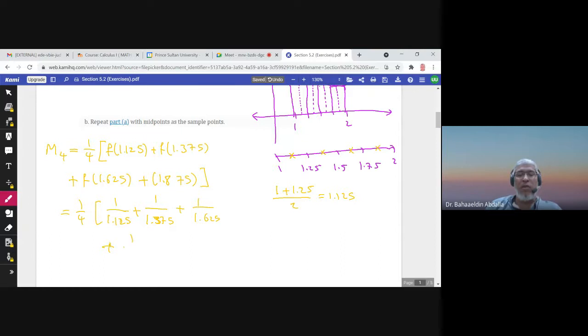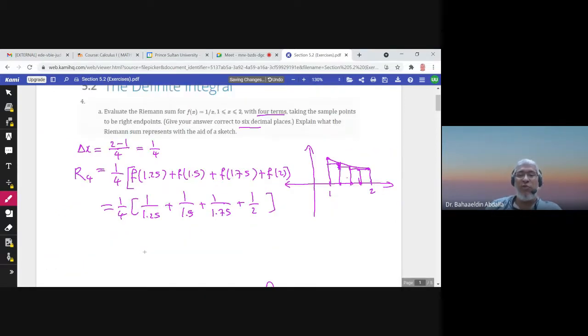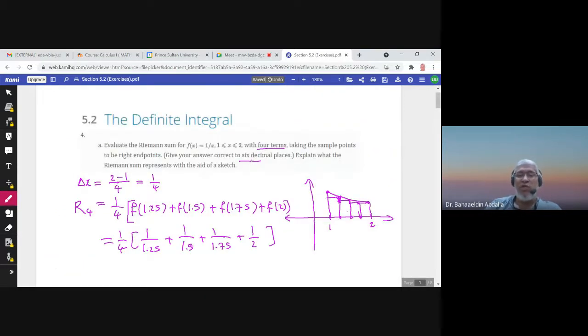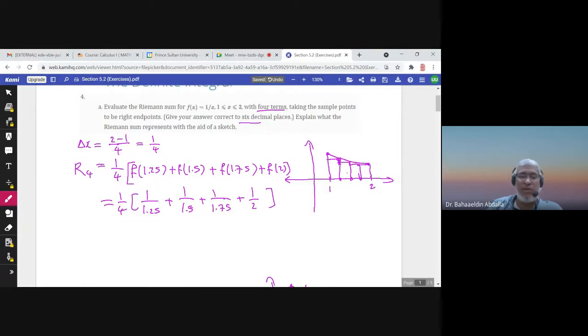And then you use your calculator to find the answer. And do not forget to put your answer correct to 6 decimal places.